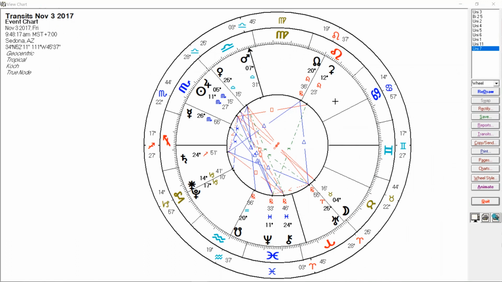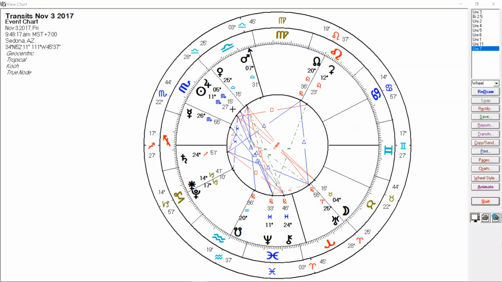So when we look at the sun-moon opposition, we're looking at the pair of the sun and moon, and we have to go back and track where that pair started.